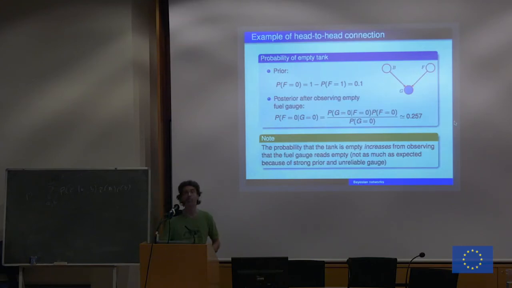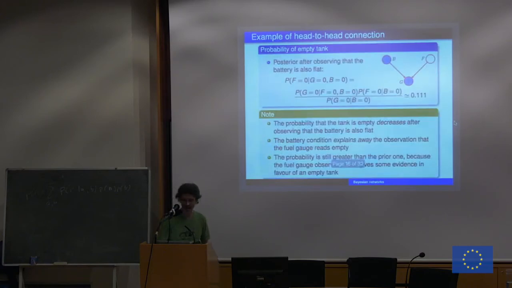So the probability that the tank is empty increases if G is observed to be down. This is reasonable because there is a connection. Now, if you realize that the battery is flat, you are interested in knowing the probability that the tank is empty given that the gauge reads empty and the battery is flat.